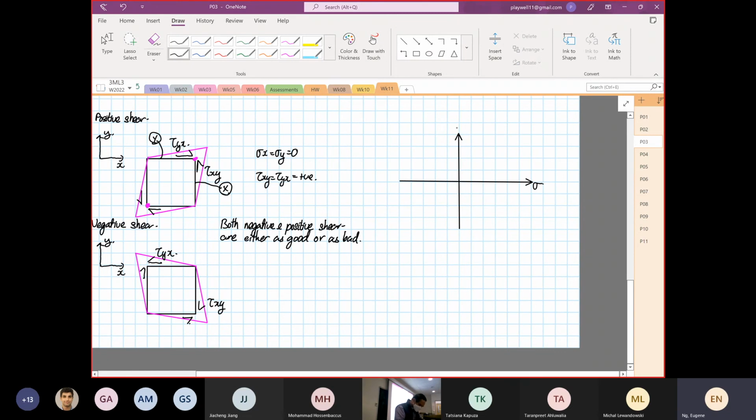Normal stress, shear stress. Shear stress: element rotates clockwise, right? Element rotates anti-clockwise.